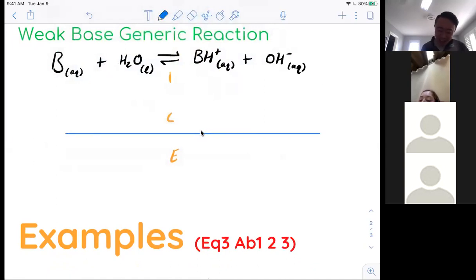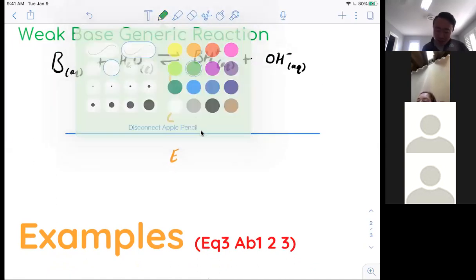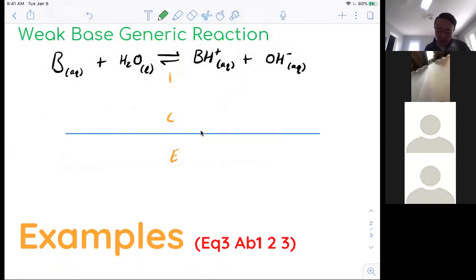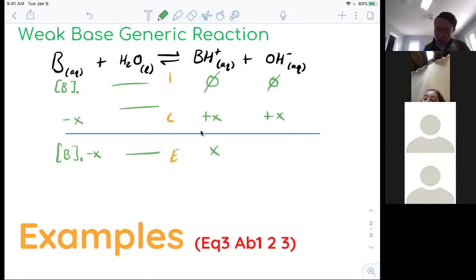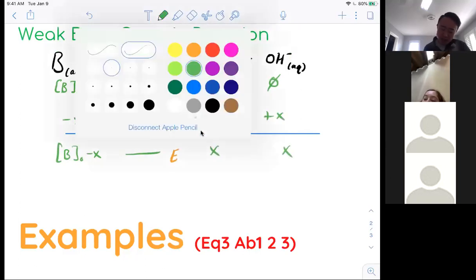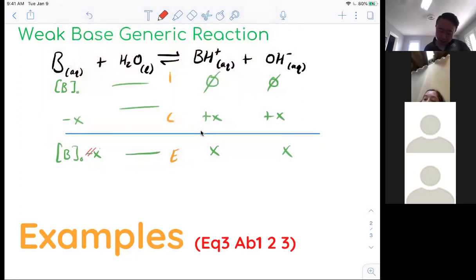I'll have the initial concentration of the base minus X here. Nothing, nothing, nothing for water. Here for the products, plus X. And lastly, X is so small, it goes away on the reactant side.